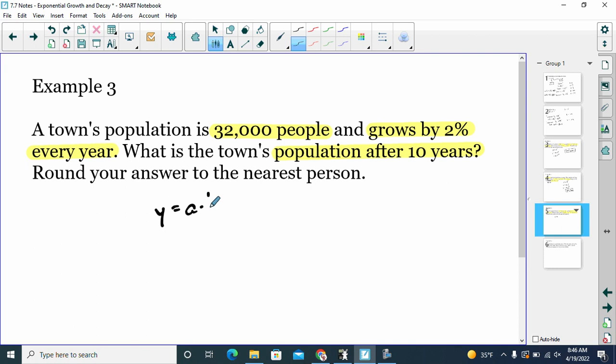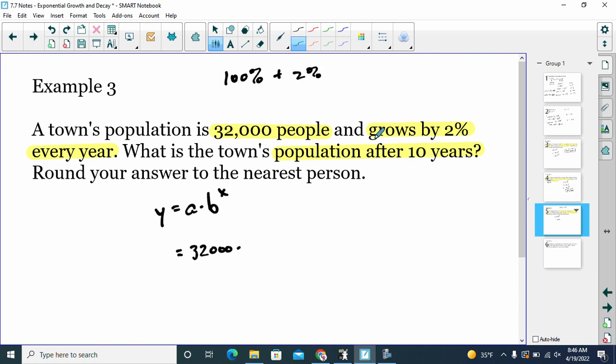So y equals a times b to the x. The initial amount of people we have is 32,000. That goes in for a. B, we practiced earlier how to come up with B if it grows by a percentage or decreases by a percentage. So if it grows by 2%, we're going to start with 100% and add 2% to that.